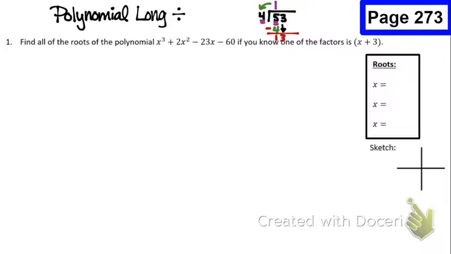Okay, so polynomial long division. This big long thing right here, this is the part that goes under our long division symbol. So I'm going to start off by writing that down. So I'm going to have x cubed plus 2x squared minus 23x minus 60 underneath a long division sign.